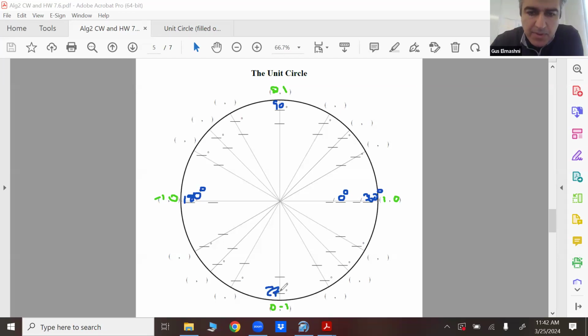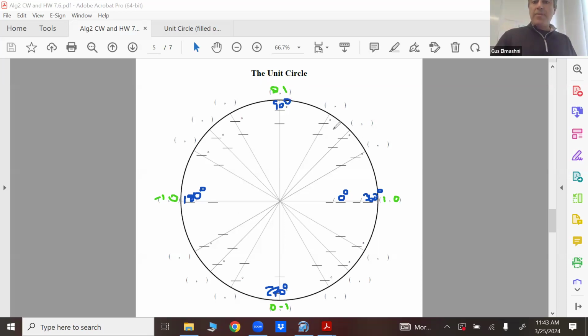This is going to be real interesting because I'm kind of struggling with doing this in a finer way. Okay, that's okay so far, right? 0, 90, 180, 270, 360. All right. Okay with that? Good.